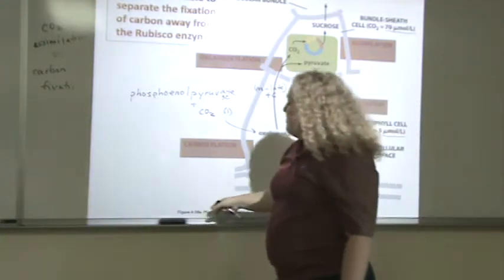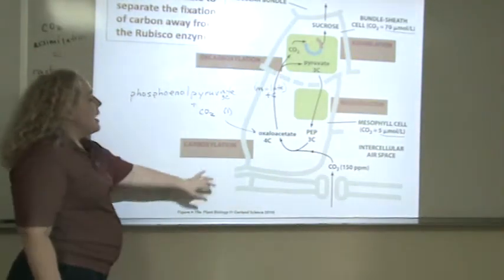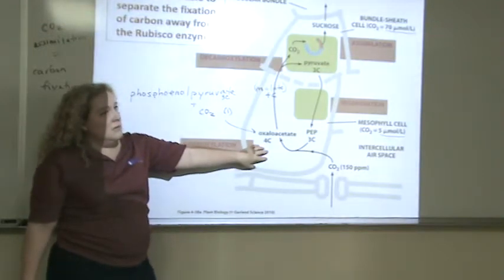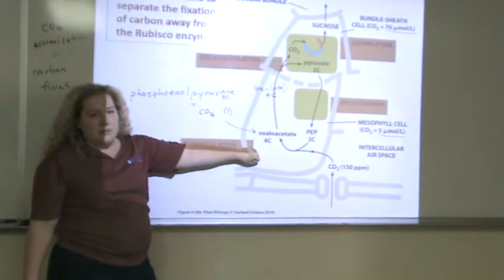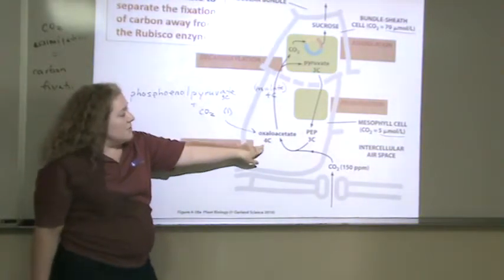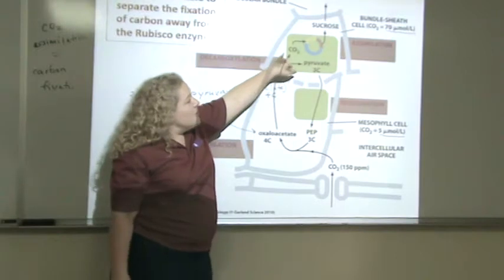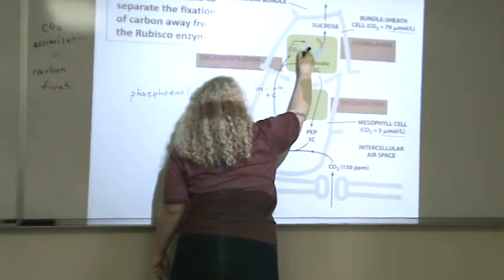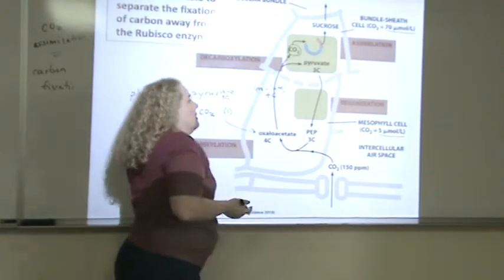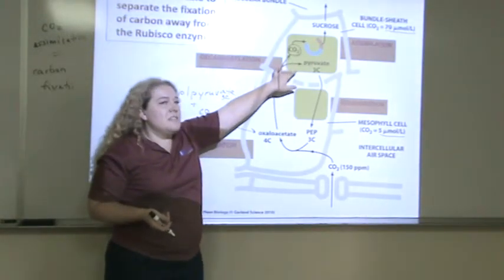So what the plant is doing here is capturing carbon here, just not with Rubisco. It's grabbing it temporarily onto a 4-carbon molecule. That travels into the bundle sheath cells and drops off CO2, and in fact enriches this for CO2.